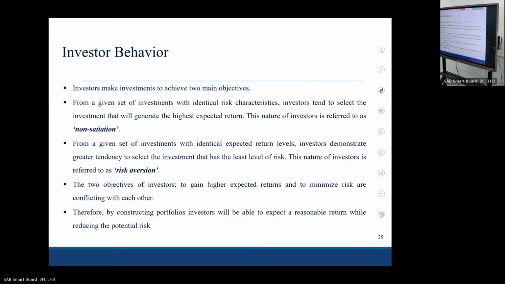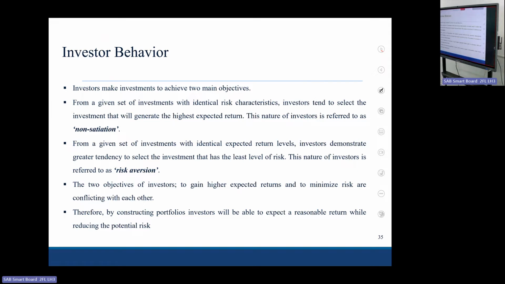Why? According to the risk-return trade-off theory, maximizing return implies high risk, and minimizing risk implies low return. So there is a conflict between these two objectives.